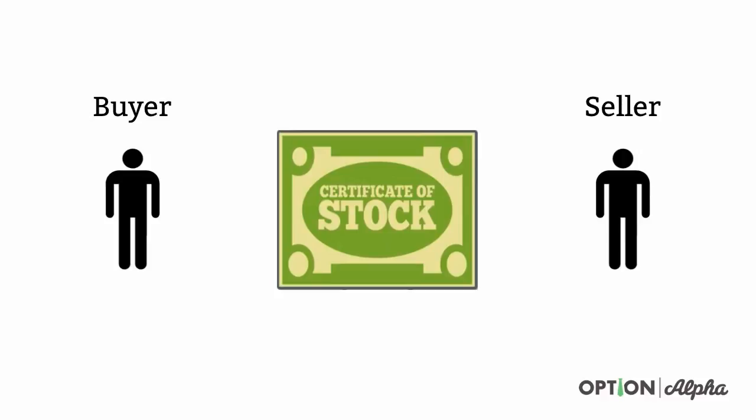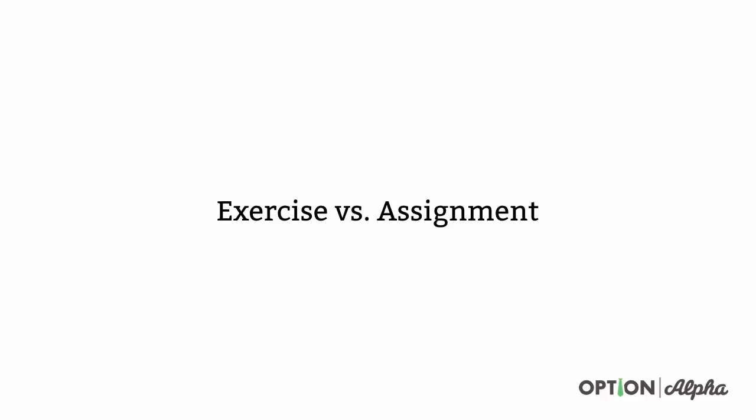Okay, so that's the difference between exercise and assignment. It's actually the same transfer happening. It's just if you're an option buyer, you exercise your right to buy the stock. If you're an option seller, you get assigned a contract and have to give up that underlying stock. Okay, so hopefully that makes sense of the differences between them.